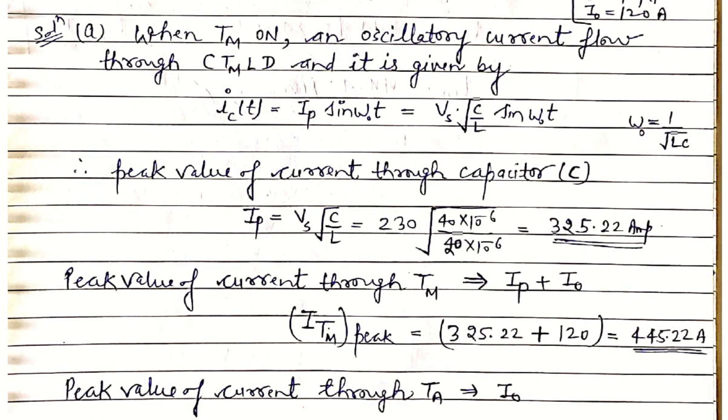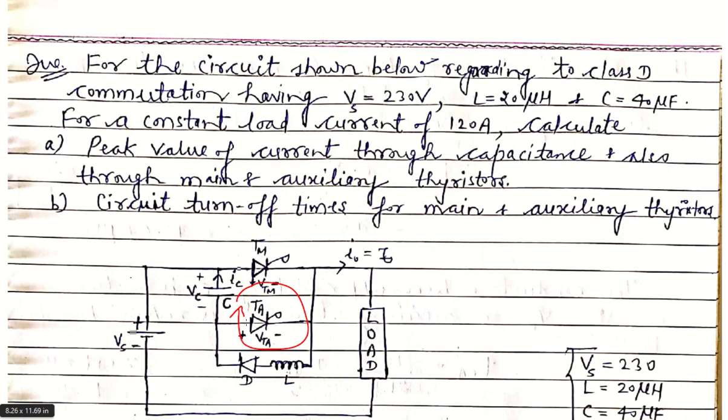Now we calculate the peak value of current through the auxiliary thyristor TA. When the main thyristor is in the off condition, the path for current through the auxiliary thyristor goes from the capacitor through TA, passes through the load, and comes back to the supply side. So the current flowing through the auxiliary thyristor will be I naught, flowing through the load side.